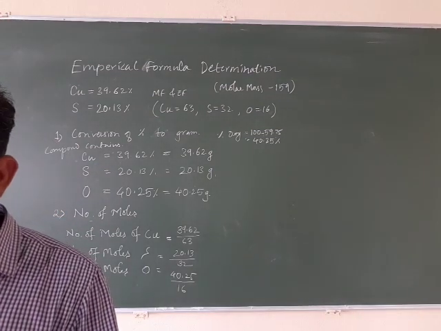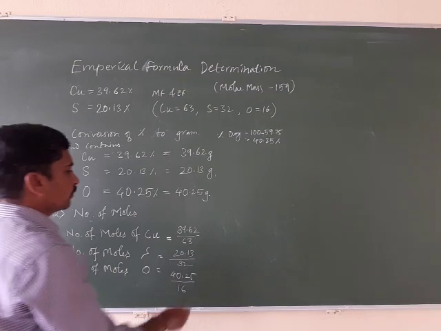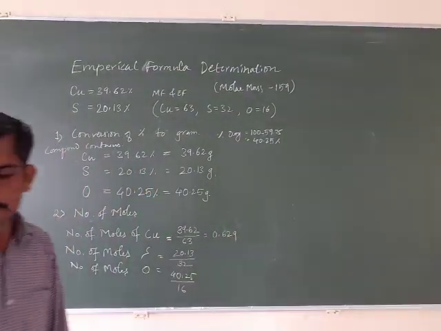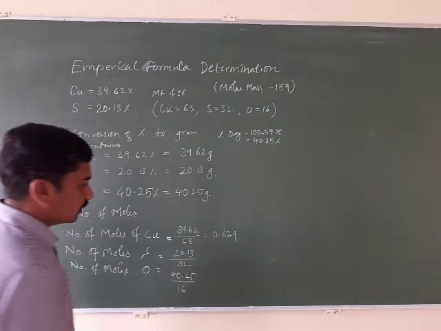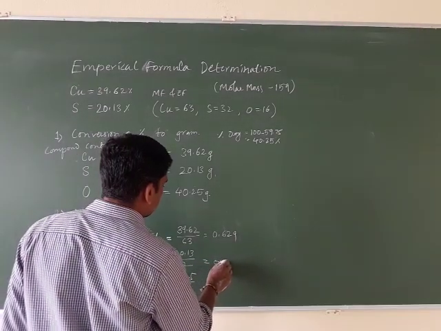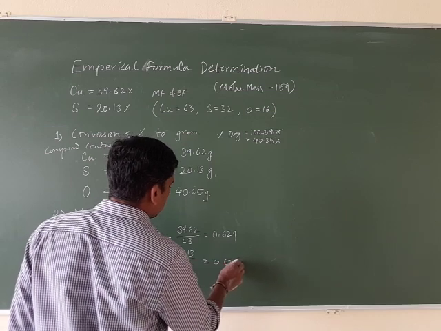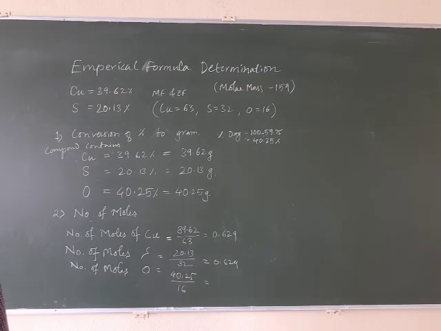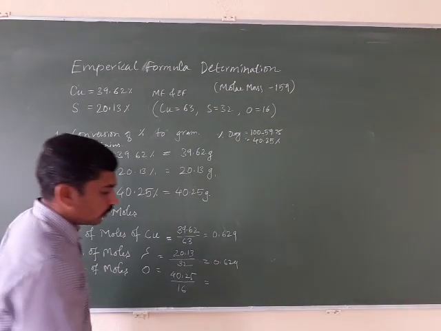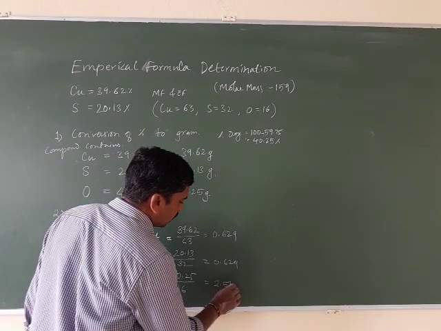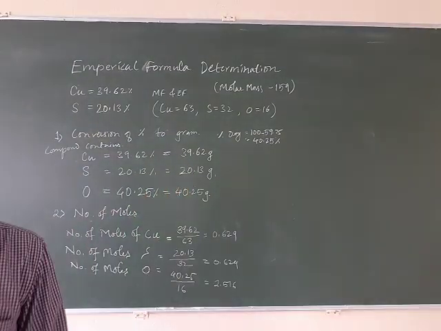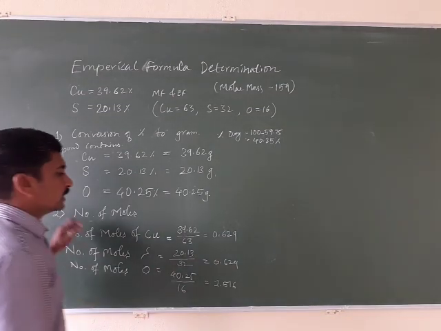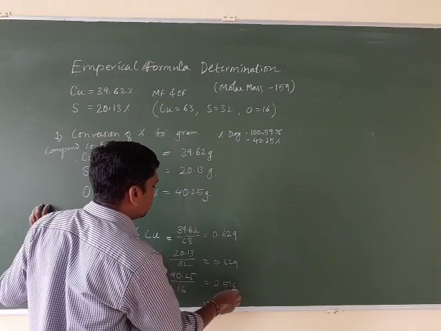And the number of moles will be 0.629 for Cu, 0.629 for sulfur, and 2.516 for oxygen. Okay, so this is the number of moles.